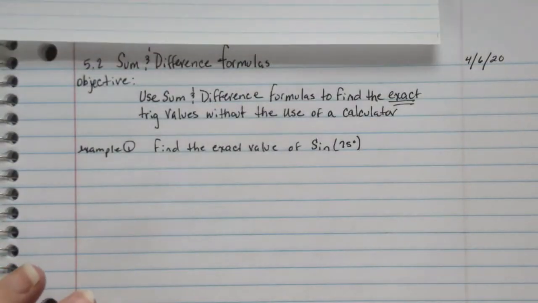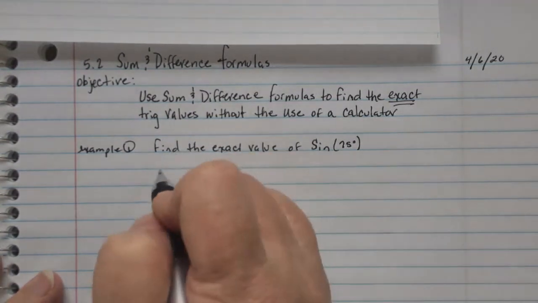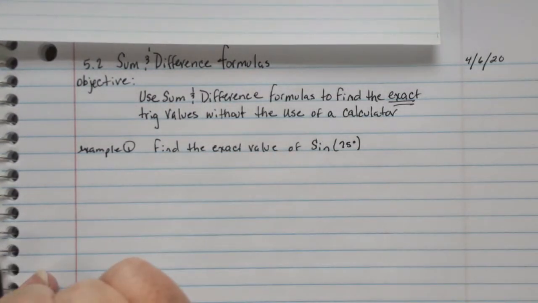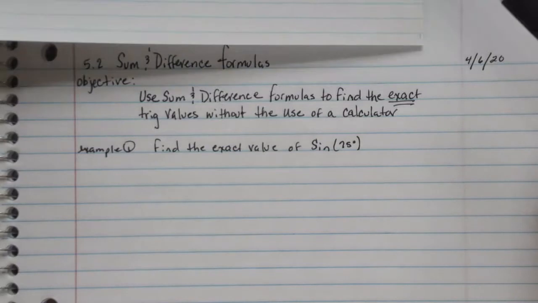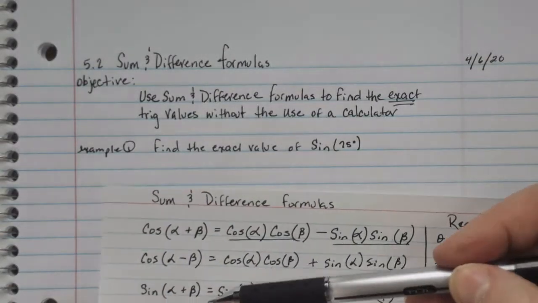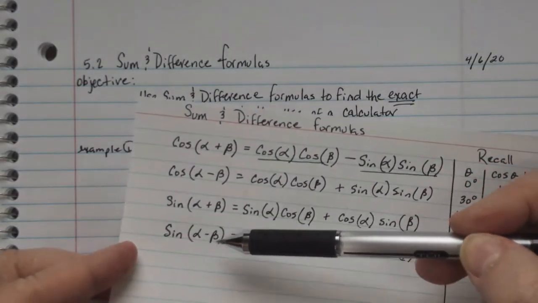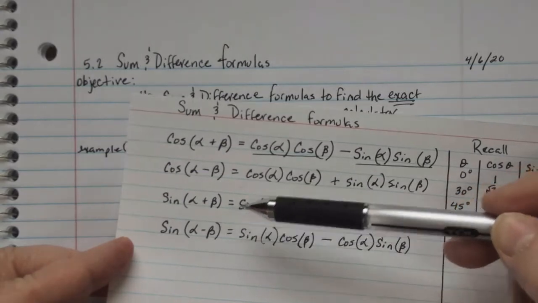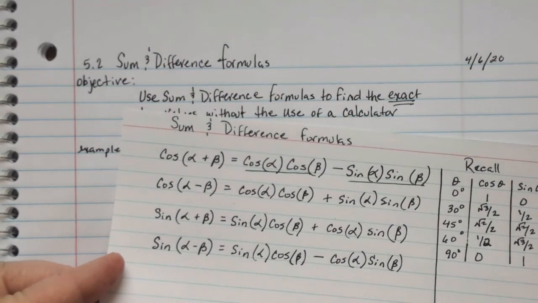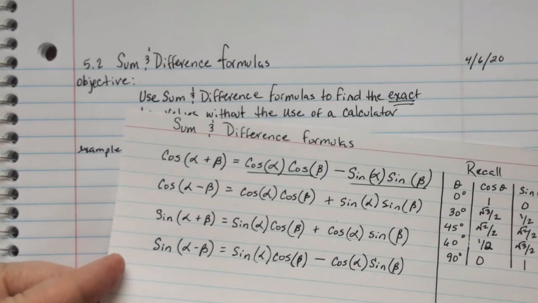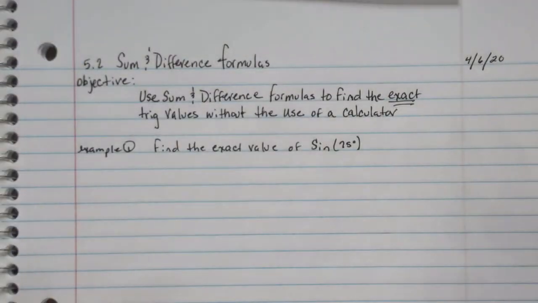So we've got to think of a way to break that down, and we're going to find a way to use one of these where we're adding or subtracting to get that 75 degrees. Okay, so let's think about it.